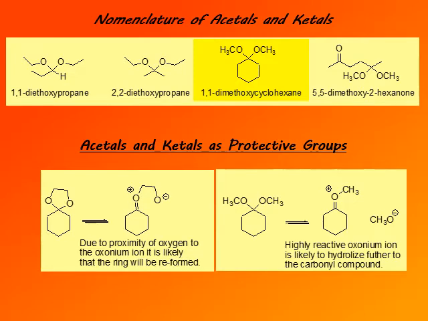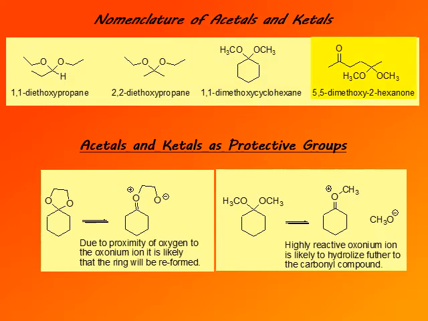Since there are here 2 substituents, we have to use numbers and we have to use two number ones. So it's 1,1-dimethyl cyclohexane. It would be wrong to name this 1-dimethyl cyclohexane and assume that other substituent is on carbon 1. It has to be 1,1-dimethyl cyclohexane.